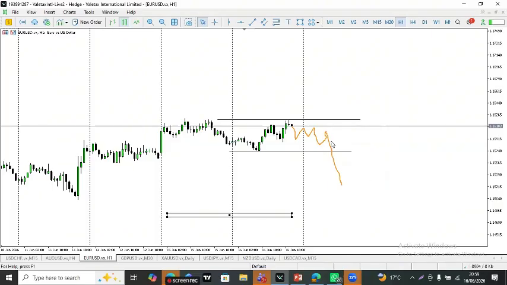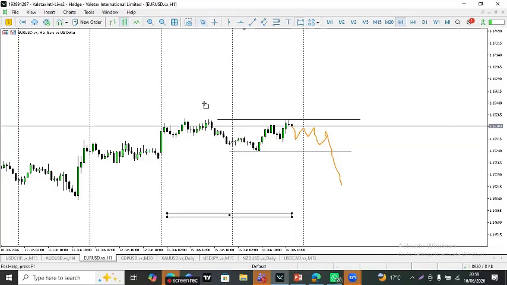Okay, so we might anticipate a break below. Like, you see the way we had this break here to the upside. We can anticipate a break to the downside. That will signify a potential change in what? Change in character. For example, here we had a break to the upside, price consolidated, then came to where the break had originated.